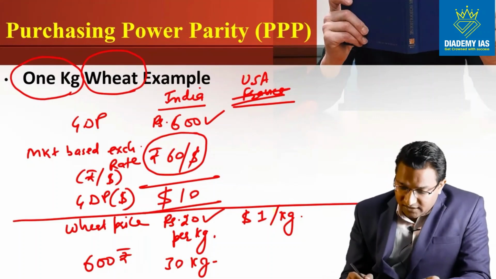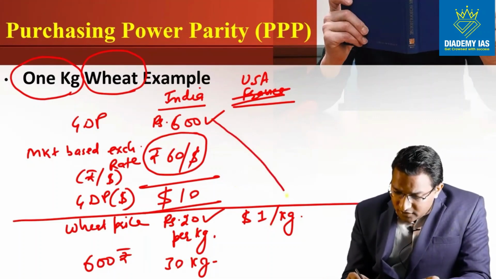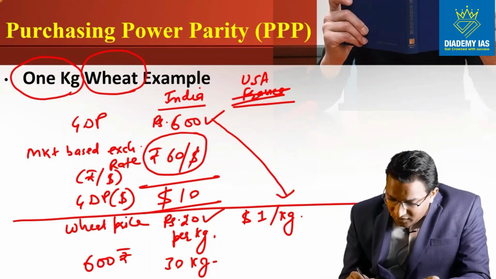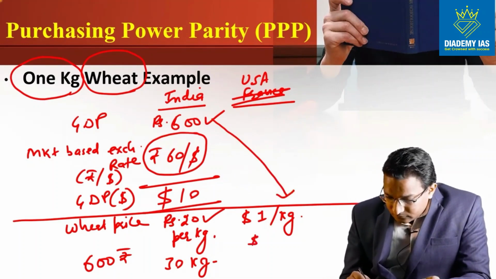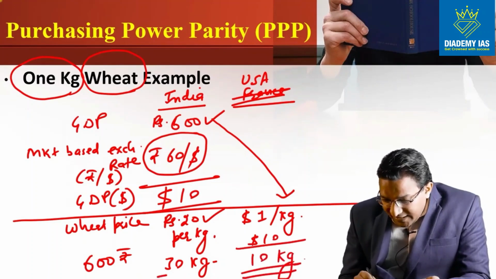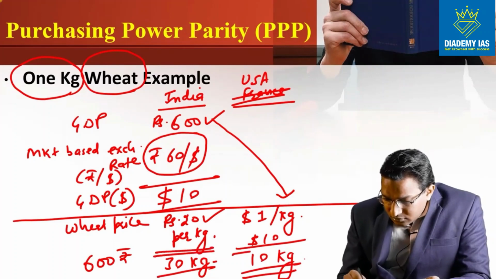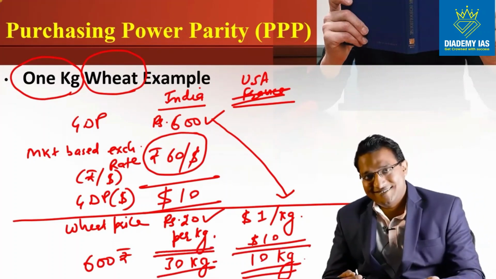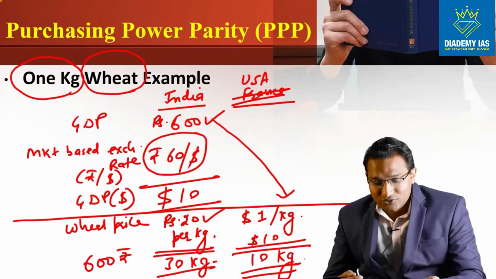But in USA, because the 600 rupees will only become $10, in $10 he can buy only 10 kg of wheat, right?